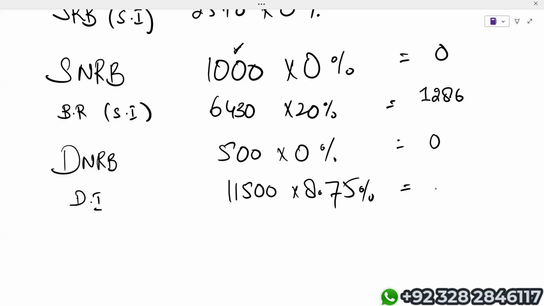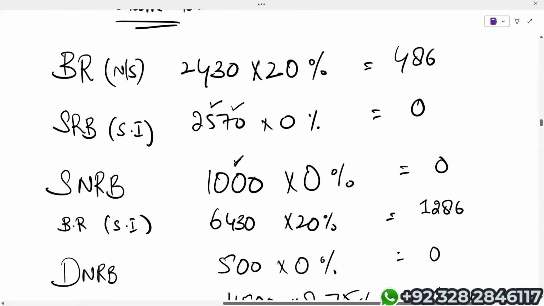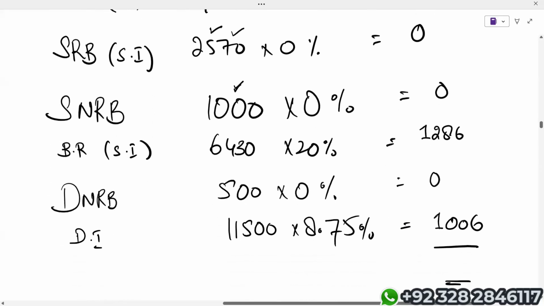Let me check, 11,500 into 8.75%. Students, I'm getting 1,006.25. Kindly check whether everyone is getting the same result or a different one. 486 plus 1,286 plus 1,006.